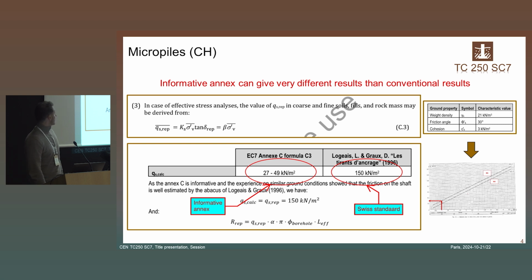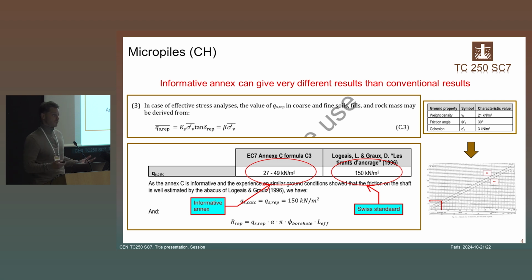When you go to Annex C, there are some formulas provided where you can obtain the same kind of value. And what you could see is that if you fill in this formula, I hope I've done it correctly, you find a much lower resistance than you would expect from the conventional way of working.